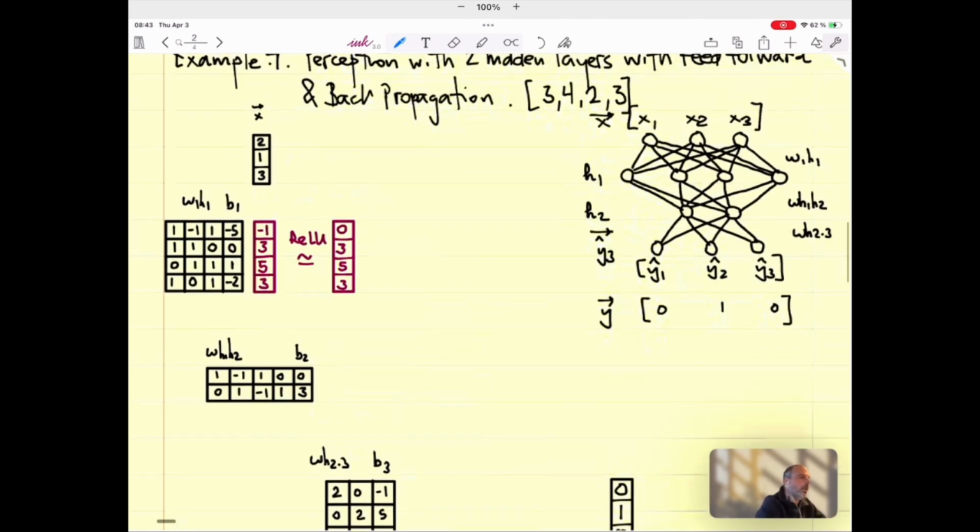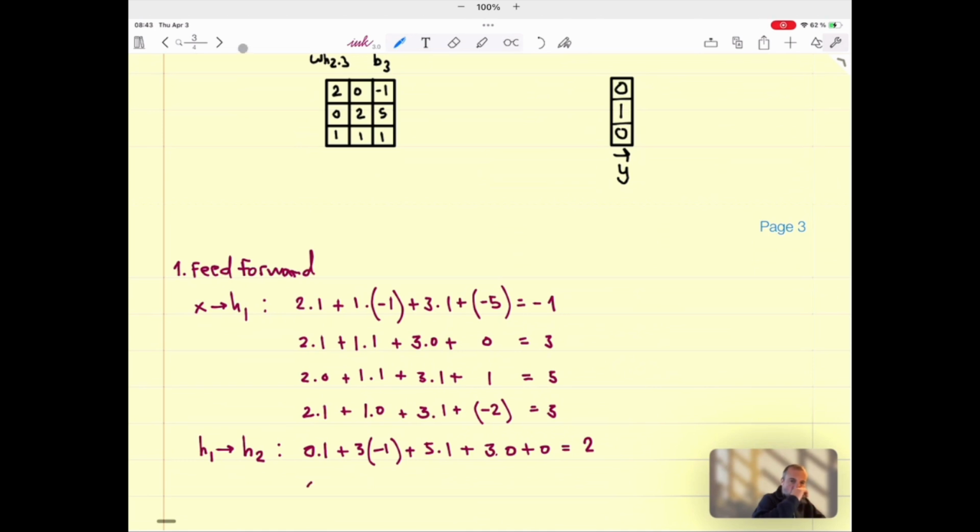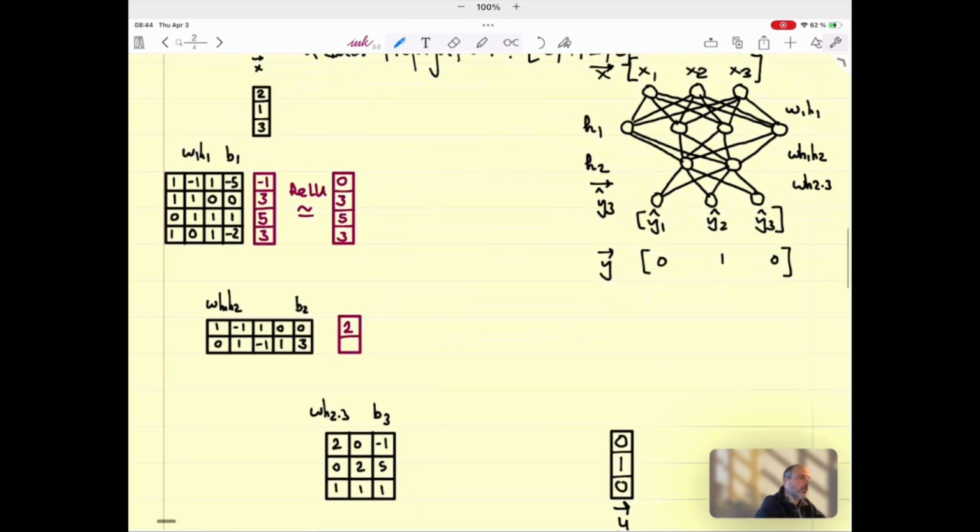Alrighty. We put a 2 right there. Next one, 0 times 0 plus 3 times 1 plus 5 times minus 1 plus 3 times 1 plus 3 equals 4. All right, then we equal it 4.